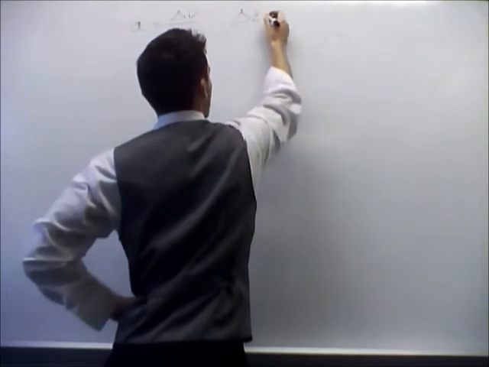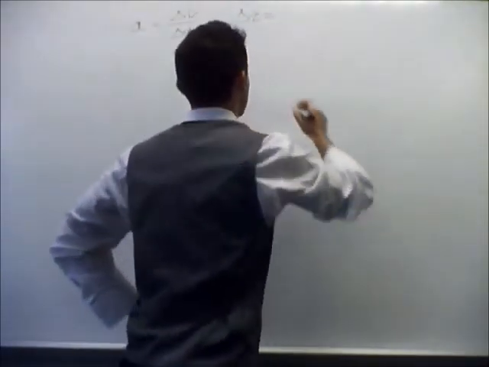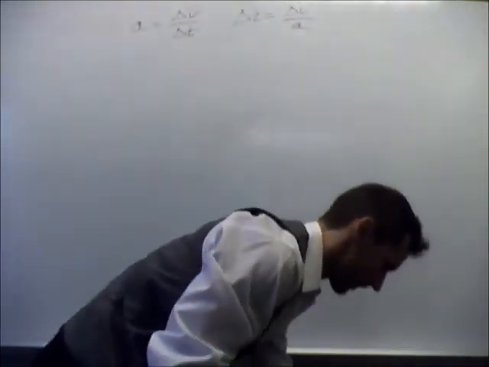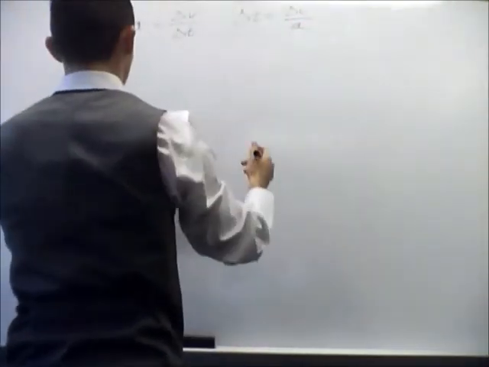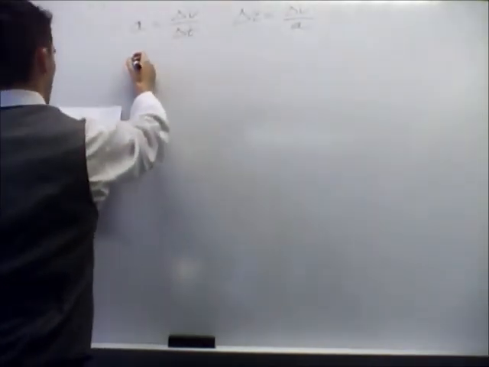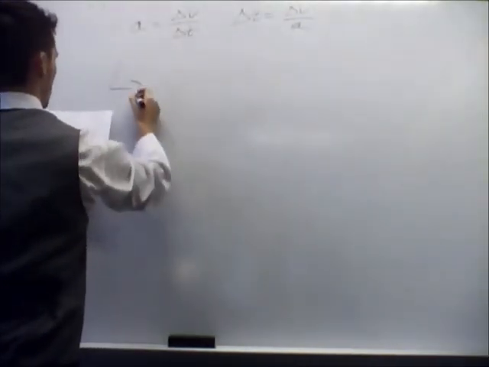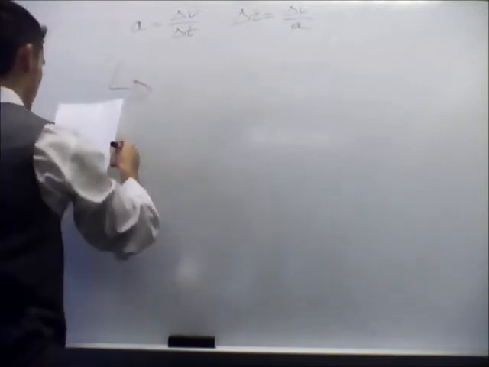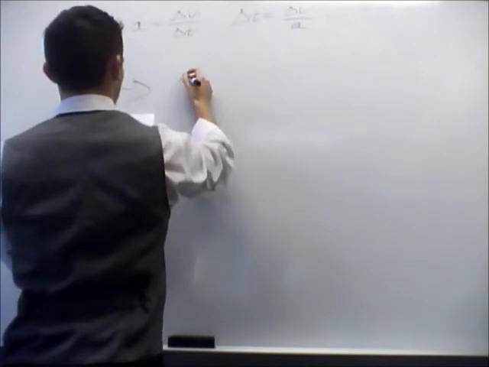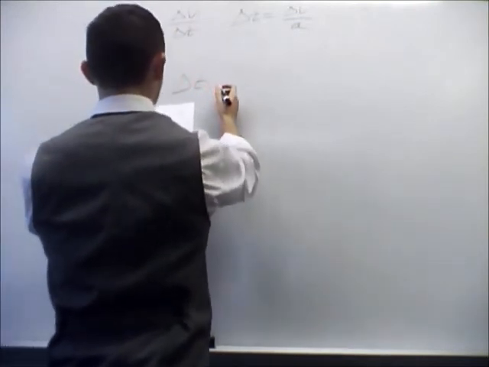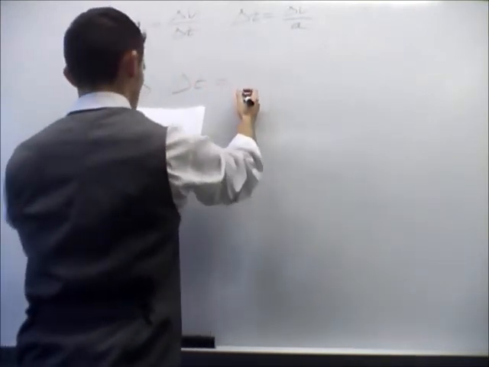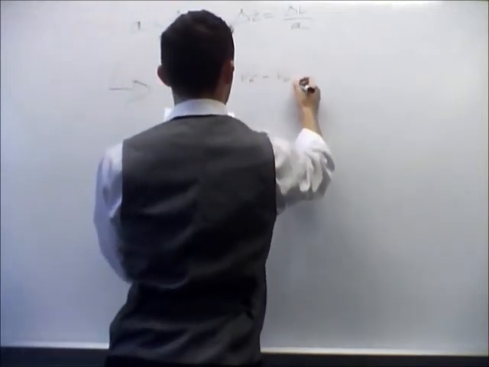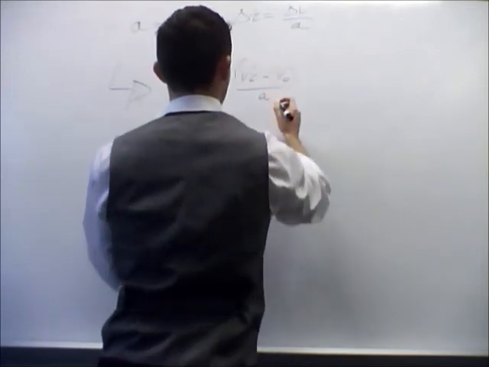Change in time equals change in v over acceleration, and we bring those two down to have change in time equal to v final minus v initial over acceleration.